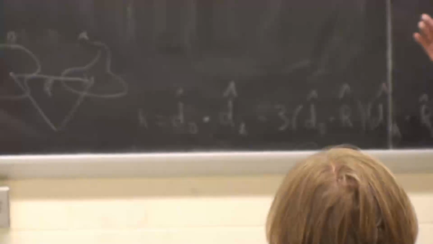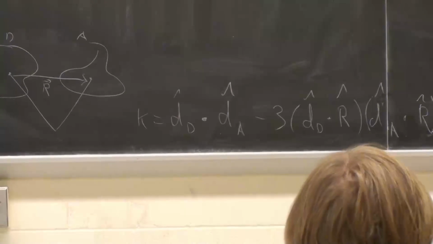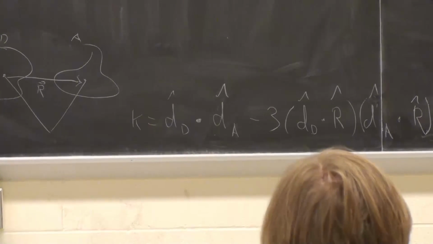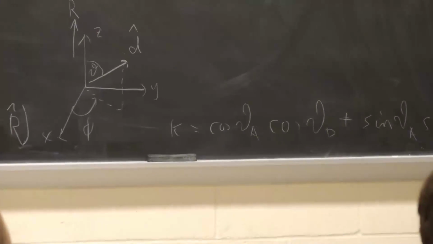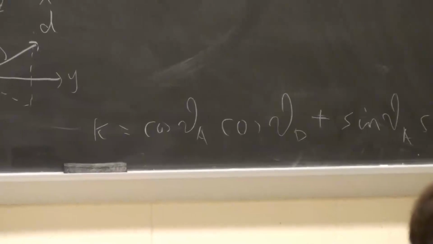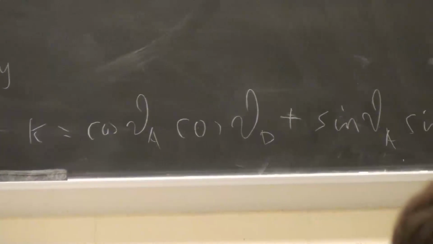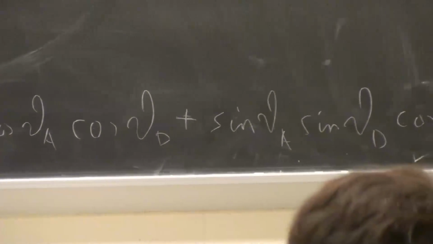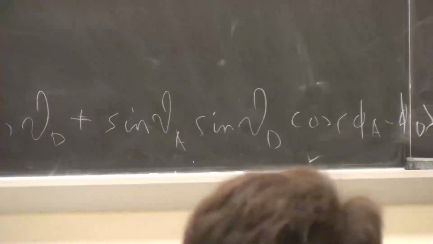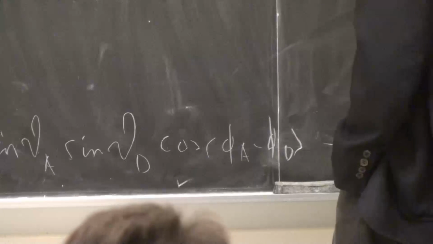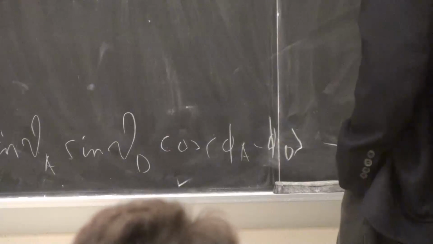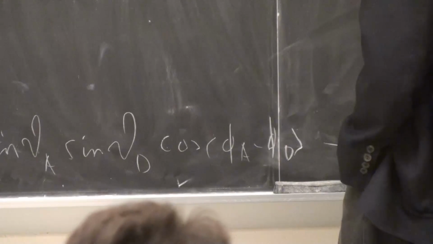I can write a scalar product like this. You might just look up your quantum book or your electromagnetism book, and you find that this is the formula for the scalar product. And then this one here is of course just cosine theta D and cosine theta A. And so I'm getting now minus 2 cosine theta D cosine theta A.